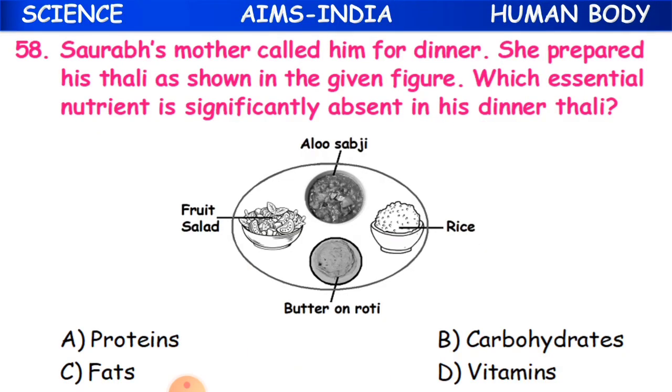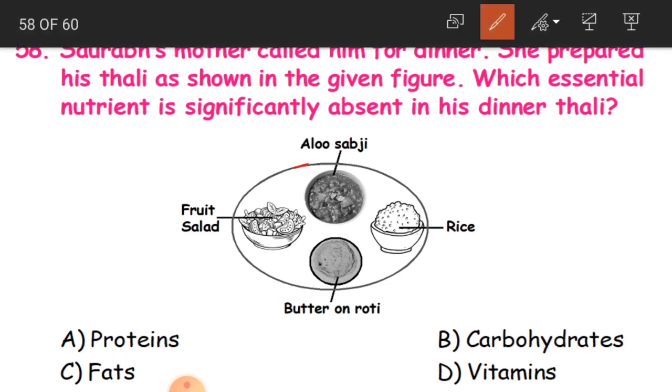58th question. Saurabh's mother called him for dinner. She prepared his thali as shown in the given figure. Which essential nutrient is significantly absent in his dinner thali? See children, here Saurabh's mother has served dinner for him. She gave him aloo sabzi, fruit salad, butter, roti and rice. So what is lacking here?